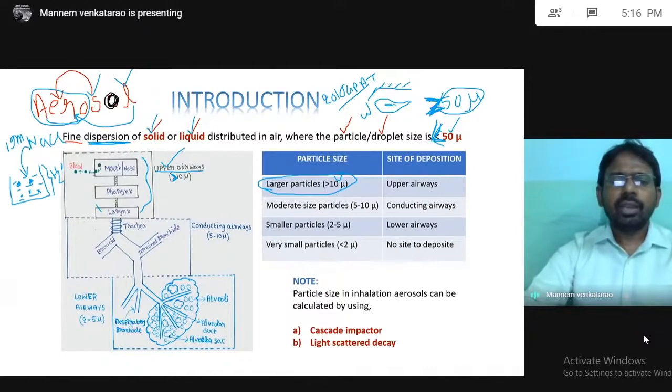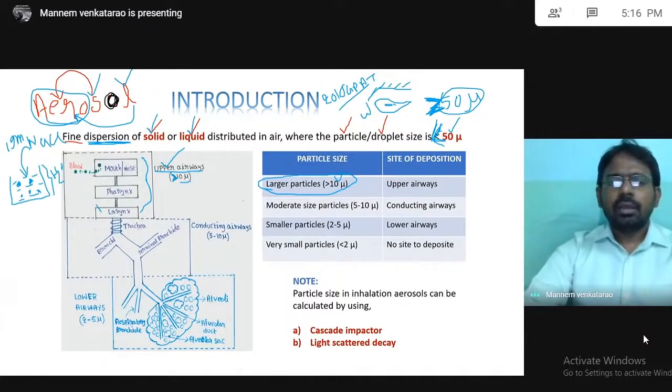In an interview, whenever they ask which area of the respiratory tract larger particles can deposit in, you can simply say upper airways. What is the meaning of large particle size? Greater than 10 microns. This particle either shows local activity or can enter into blood only at upper airways. It is confined to upper airways. Its selective seats are mouth or nose, pharynx, or larynx.